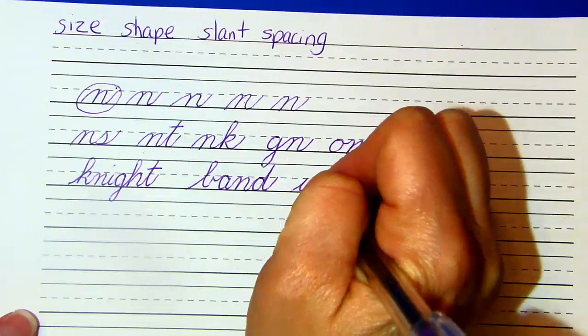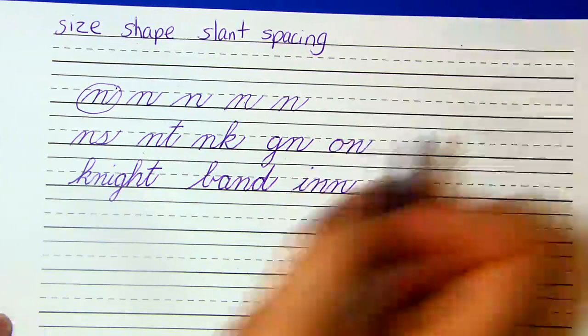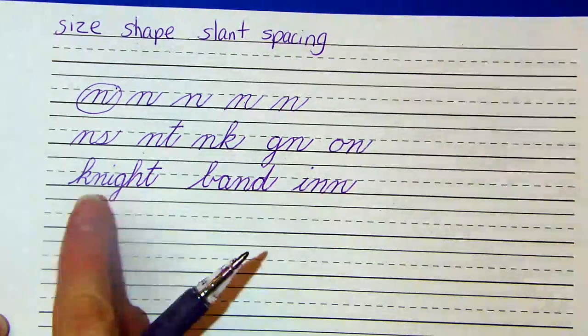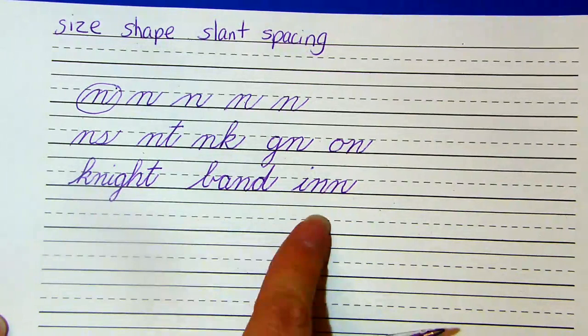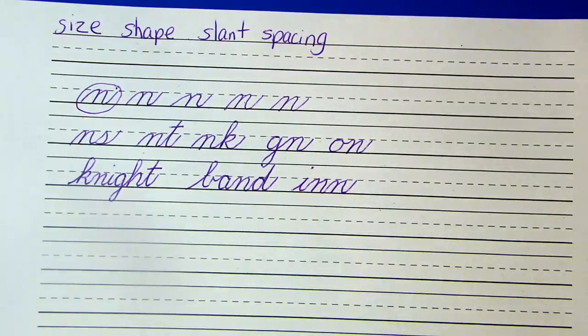And third word. I like this word because that is a double N joining. Good practice. If you read night, band, and inn, which is kind of like a hotel, you read it correctly and your cursive reading is getting very good.